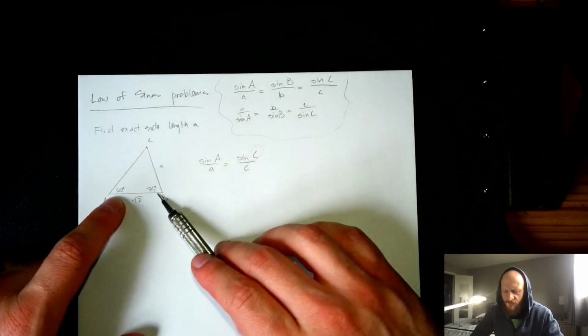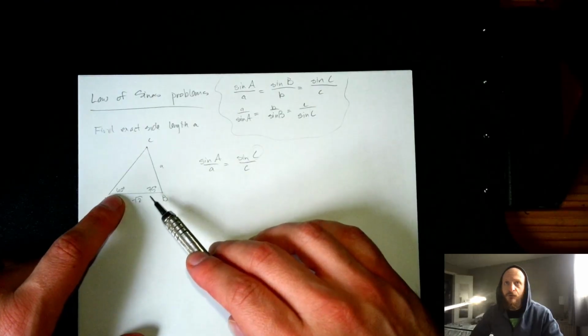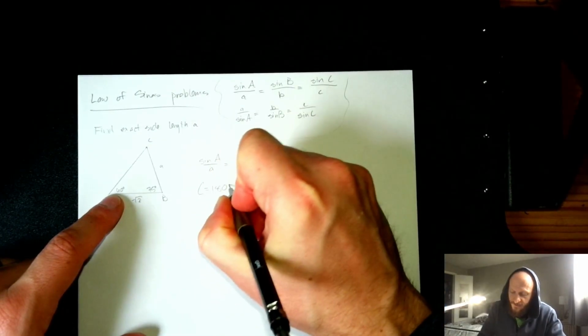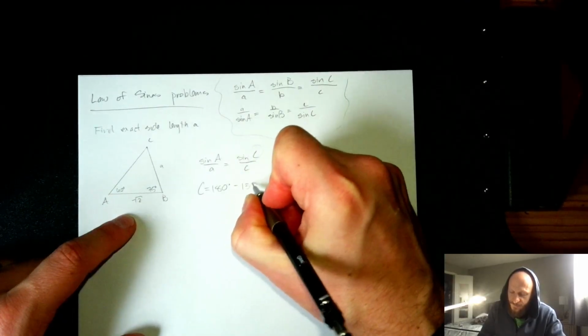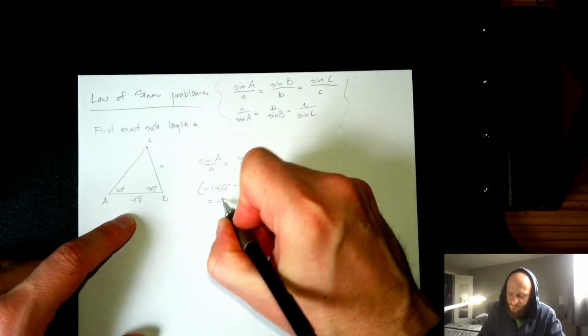So angle A and angle B are together 135 degrees, which means that C is 180 degrees minus 135 degrees, which is 45 degrees.